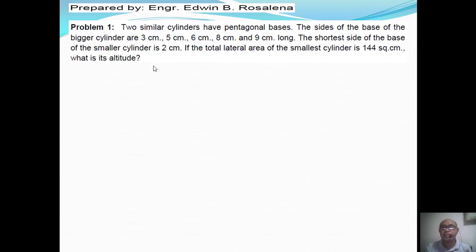So we have two similar cylinders with pentagonal bases. By the way, in our previous discussion, when you say cylinder, it is when you have a circular base. But the term cylinder is applicable to any solid with a constant cross-section extending through a certain height or length.